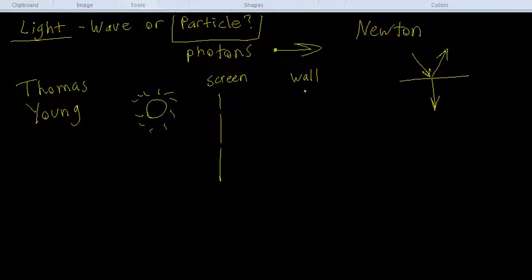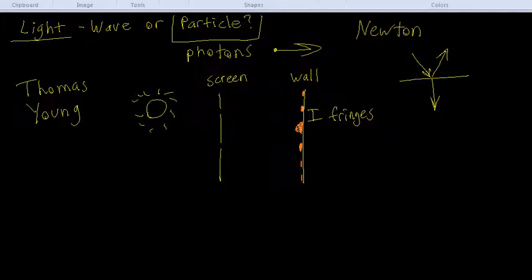So he saw a bright spot in the middle, in between these two slits, then a region of darkness, and then a less bright spot, and then another region of darkness, and then another bright spot on both sides, dimming as it went out, but having these dark spaces in between, which we now call fringes. Generally, when you see these bands of light and dark, we call them fringes.